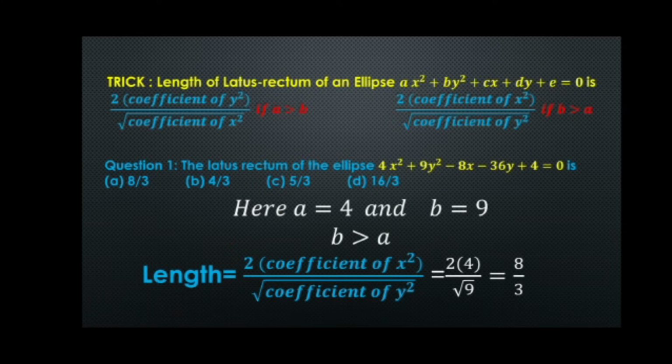We know that the length of the latus rectum is 2 into coefficient of x square divided by square root of coefficient of y square. 2 into coefficient of x square is 4 divided by square root of coefficient of y square is equal to 9, which is 8 divided by 3.